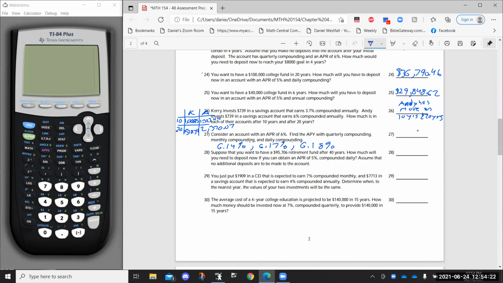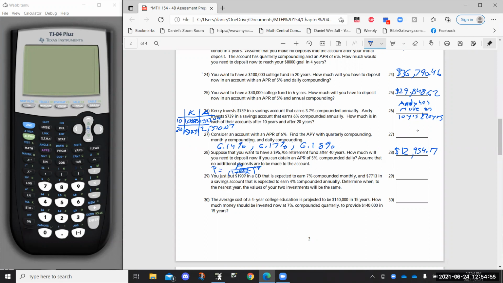Again, you can use your calculator to check your work here, but you're going to be solving for P equals A divided by (1 plus APR over N) to the NY, and this is going to be $12,954.17.